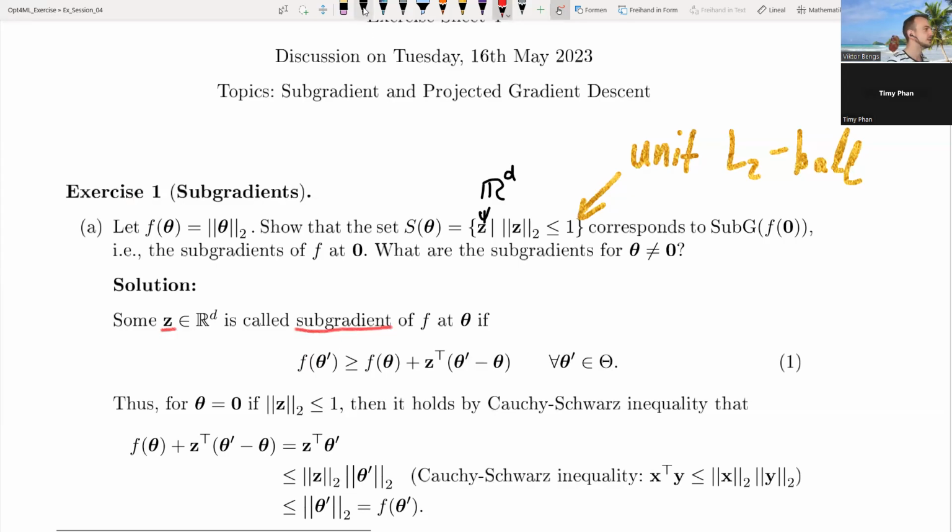This is essentially telling us that for some function f, it might look like this. Let's use a different color perhaps. So for function f, it is that one.